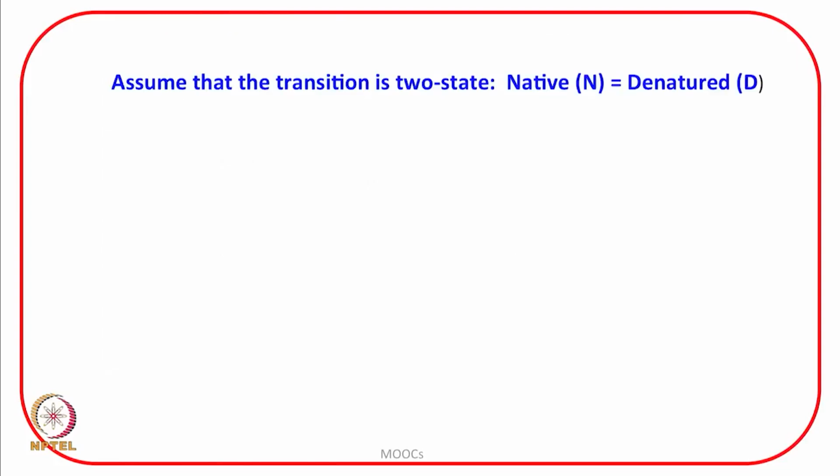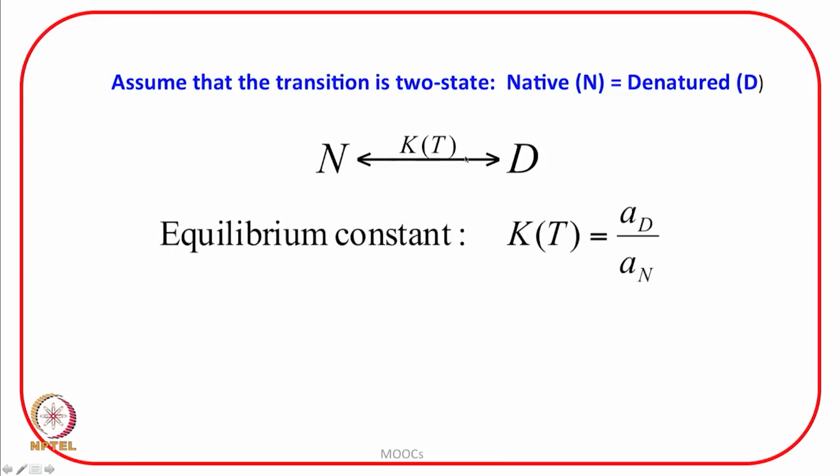Now, let us discuss a two-state native to denatured unfolding transition. The reaction that we are talking about is N in equilibrium with D, that means you are heating N and it is going towards D, and the associated equilibrium constant is KT, which is expressed in terms of the activity of the denatured form divided by the activity of the native form.